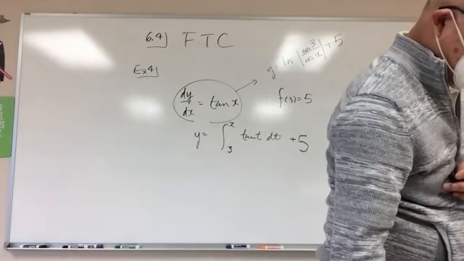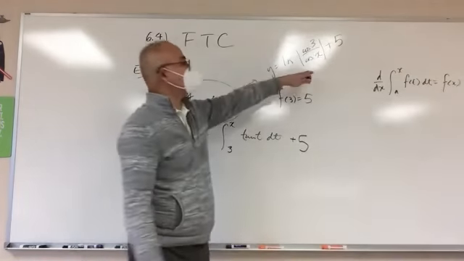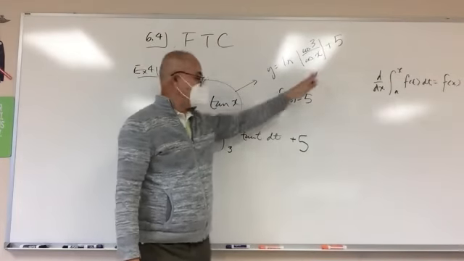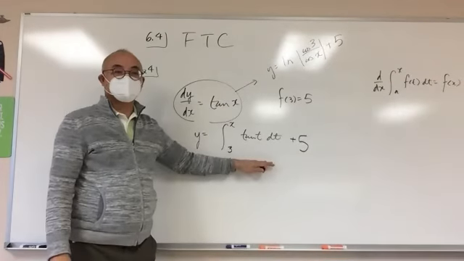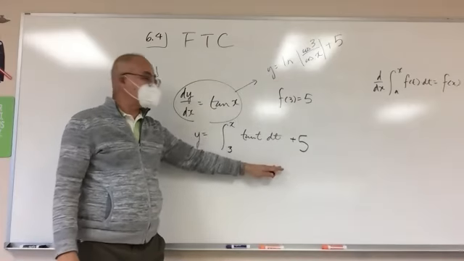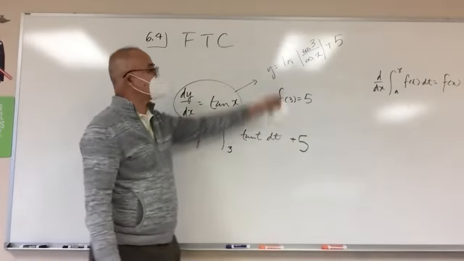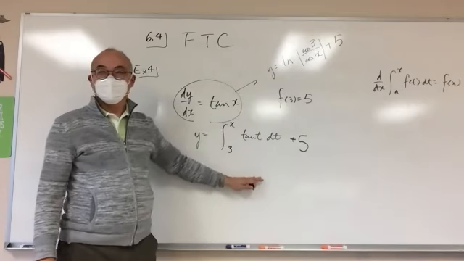Okay, so that is the actual solution. Which would you rather have? Would you rather have this solution or this solution? This one? Why would you rather have this one? It's simpler. This looks simpler than that, doesn't it?